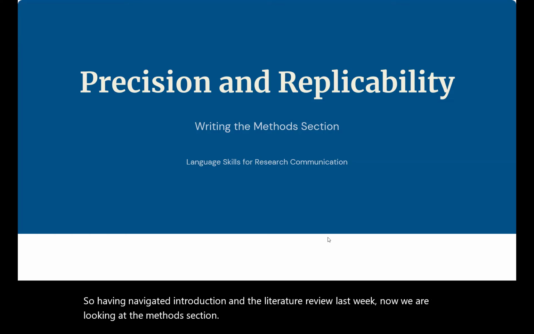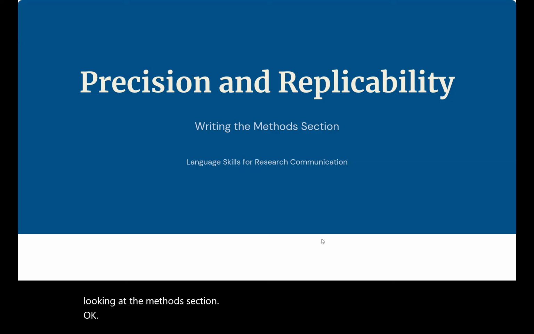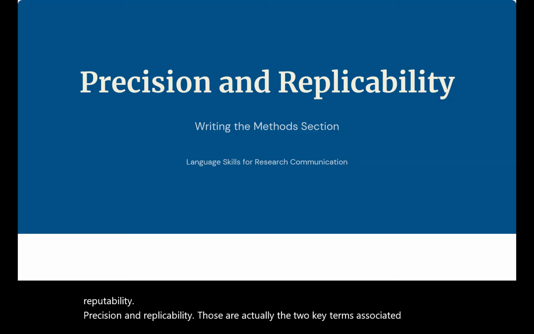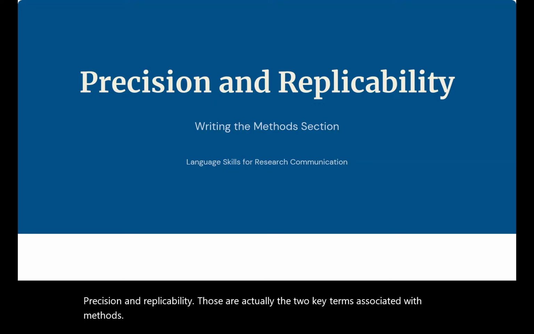To begin with, if you look at the title that I set here on my slides, it is about precision and replicability. Precision and replicability. Those are actually the two key terms associated with methods. Your method has to be scientifically precise.